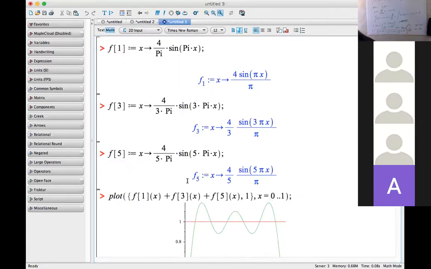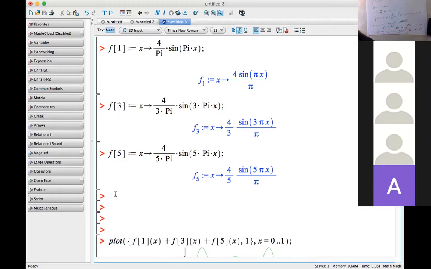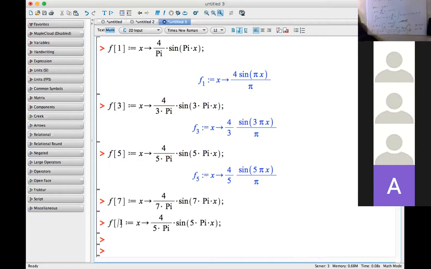Well, let's see. I don't want to spend too much time on this. I'm just going to write down the next couple of functions physically, as they say. I'll make this 7. Make this 9. Make this 11.